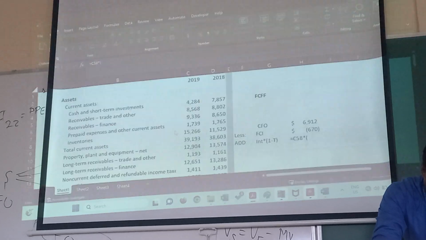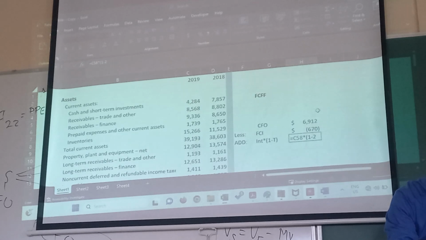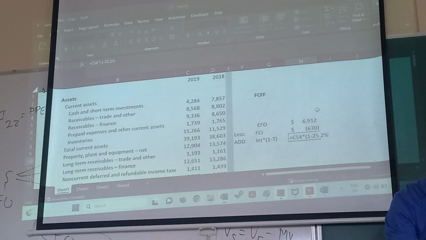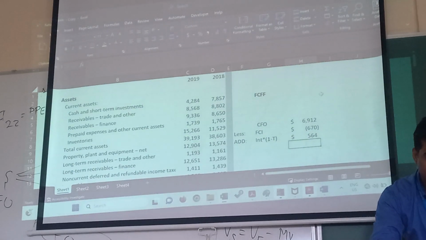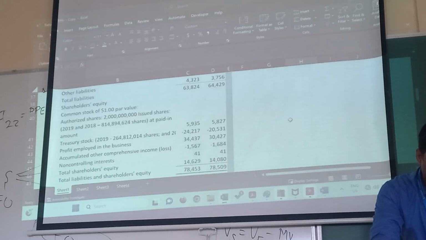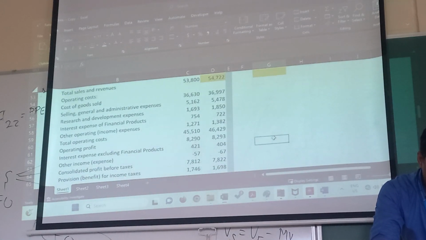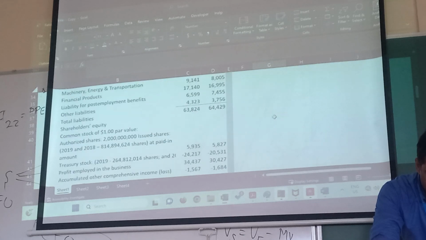One mistake you do in the valuation is, now listen, in the income statement you have your interest expense.